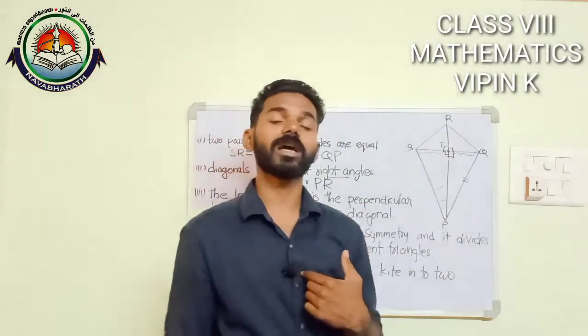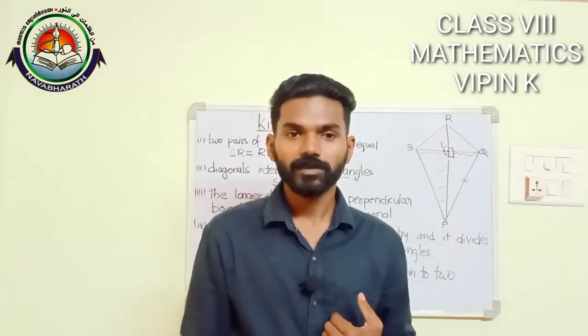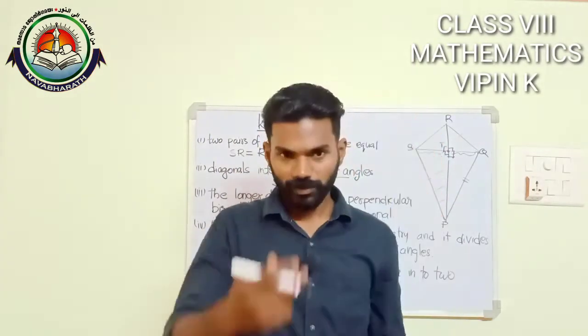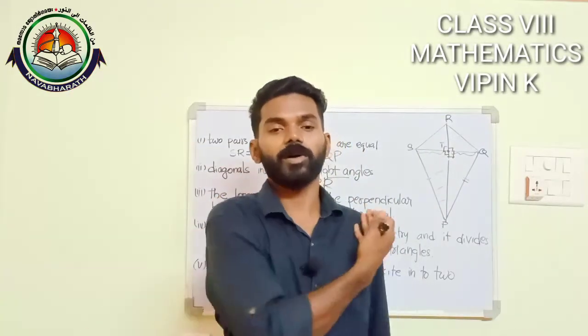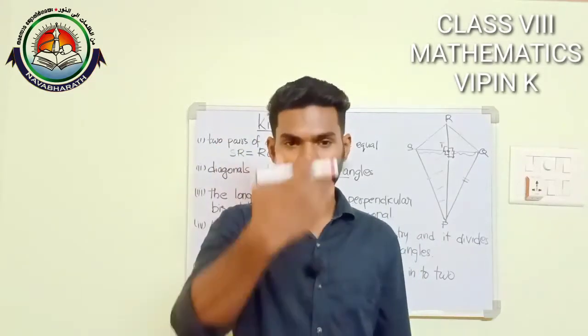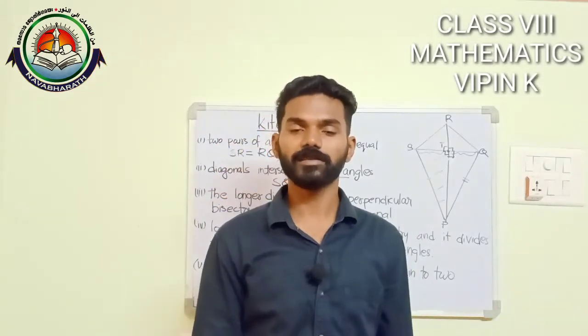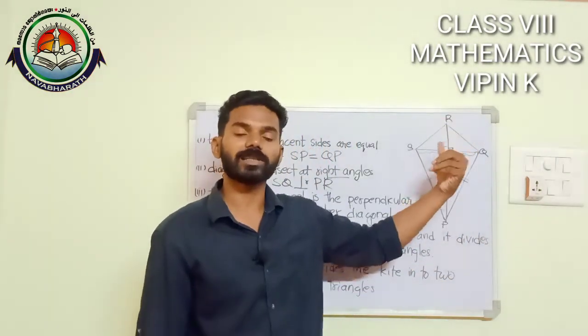The human being also has an axis of symmetry. If we are cut through this axis, then both our sides would be the same. So we are symmetric along this vertical line. Just like that, this diagonal is the axis of symmetry.